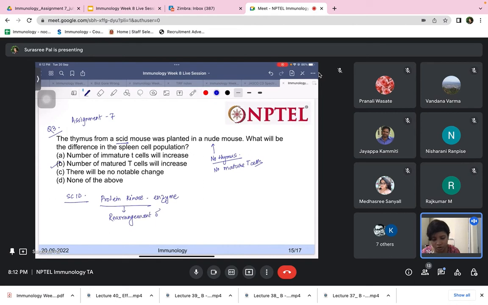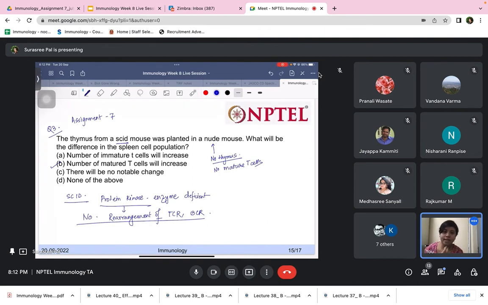So this enzyme is deficient, so of course no rearrangement of TCR and BCR takes place, which is why the B cells and the T cells are not active in this kind of mouse. So SCID comes from this deficiency or inactivation of the protein kinase enzyme.